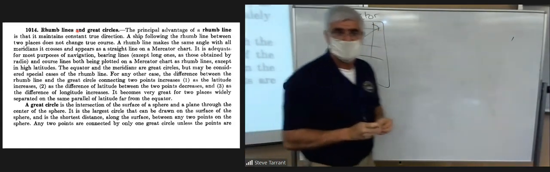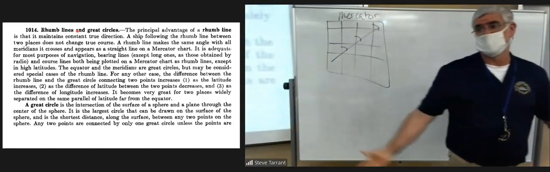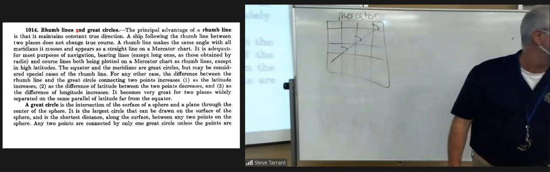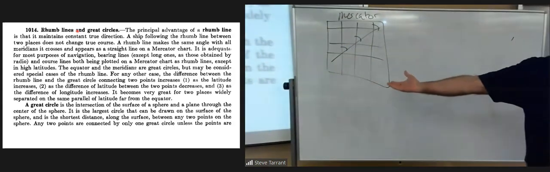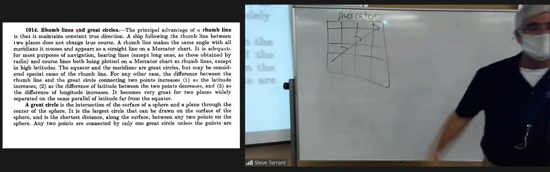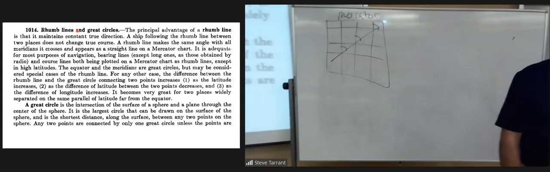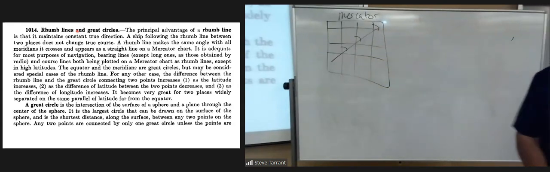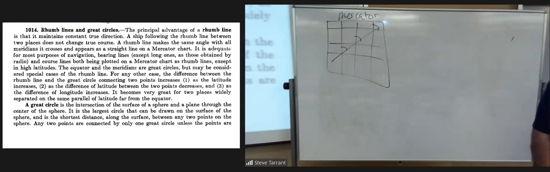That's beautiful. You never have to change course, assuming there's no current or leeway and your helmsman isn't messing it up. You just steer that course, and eventually you're going to get there. But it turns out that's not usually the shortest distance. But that's the beauty of it: you set it and forget it. Not exactly, don't forget it. You've got to monitor your voyage plan.